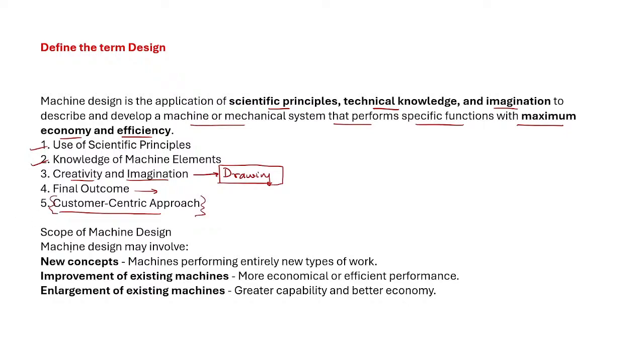So the scope of machine design may involve new concepts, improvement of existing machine, enlargement of existing machine, greater capability or capacity, better economy, and efficient, economical performance. So all these things are involved in the machine design subject.